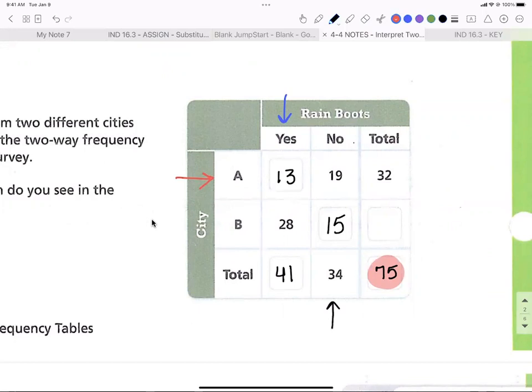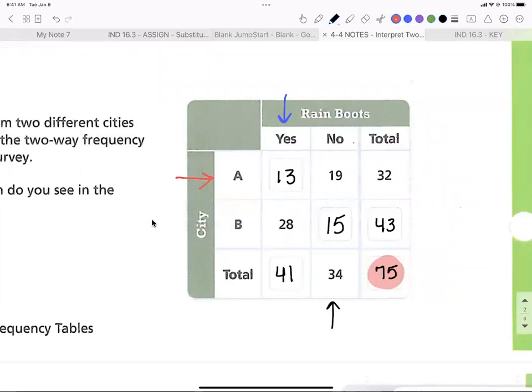And then the last one, you've got a couple of different ways you can find it, but somebody that hasn't answered yet, Brady, what would be the column, the add up row B? Okay, so you're going up the column side of totals. Good. What's 75 minus 32? What is it? 43. Okay. And if you add 28 and 15, you would get 43 as well.